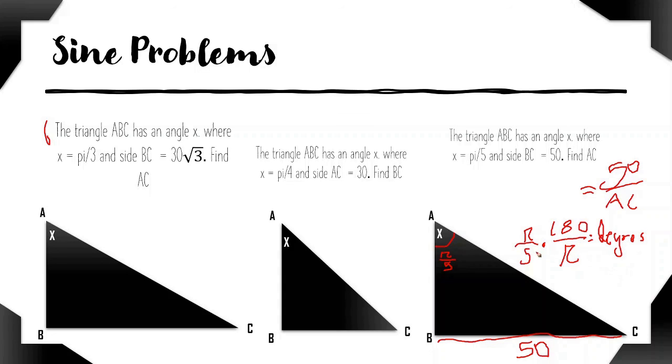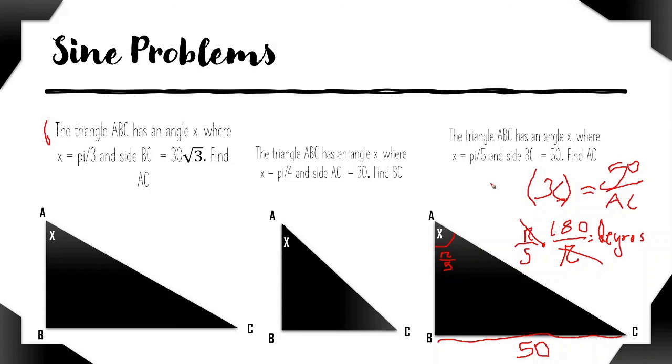Okay, now that we know the degrees, we can just cancel these out and we get 180 divided by 5. So all we need to do now is just do 180 divided by 5, which is equal to 36. So 36 is x.